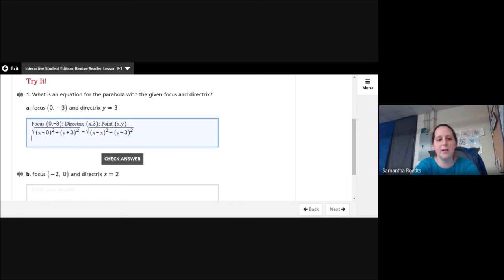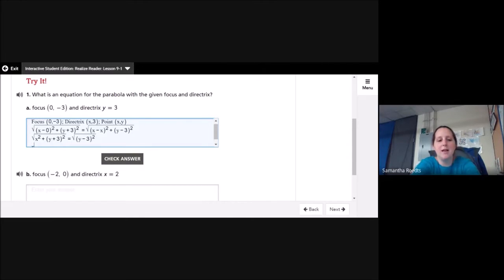When I solve this, the square root of x minus 0 is just x, so I get x squared plus (y plus 3) squared. Don't bother trying to simplify it yet. x minus x is 0, so I just have (y minus 3) squared. Both of these are under square roots, so to get rid of the square roots, I square everything.